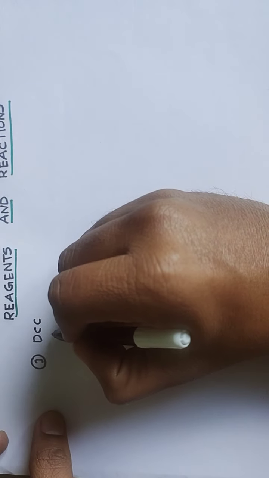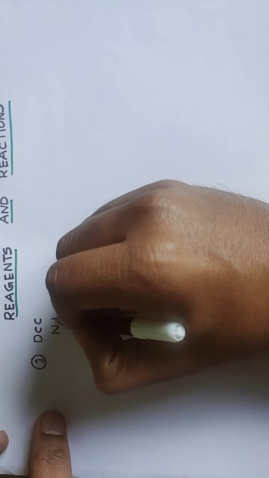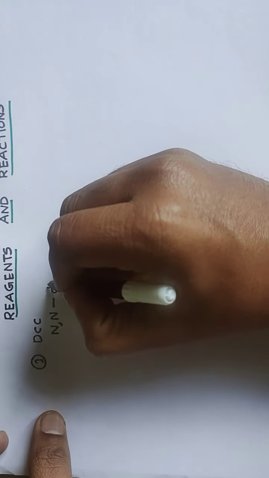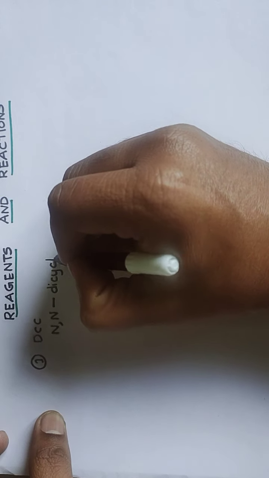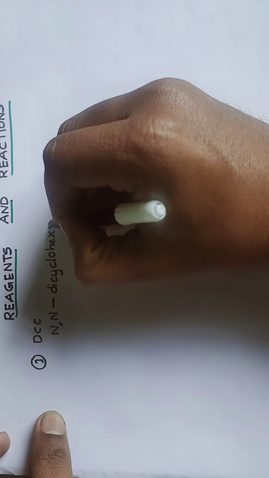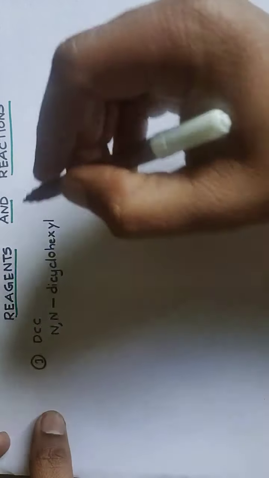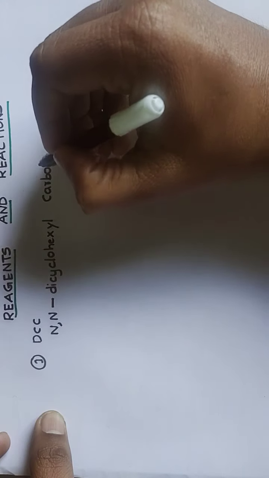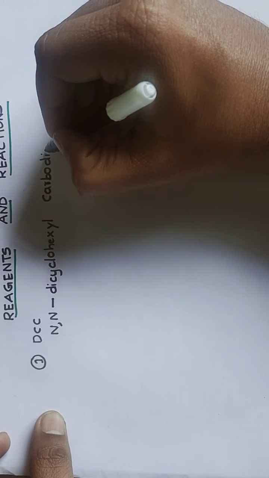So what is this DCC? DCC is N,N'-dicyclohexylcarbodiimide.